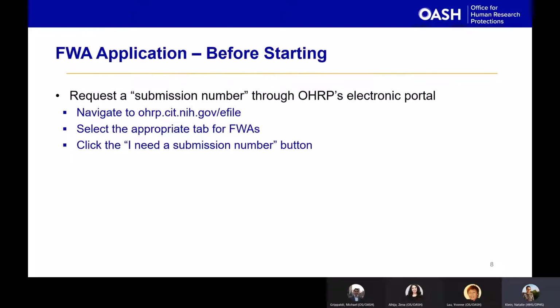When you've prepared the information you need, you will then go online and request a submission number by navigating to ohrp.cit.nih.gov/efile and selecting the tab for FWAs. The web page will provide additional instructions on how to obtain the submission number. You will need the submission number to create an application on OHRP's electronic submission system.